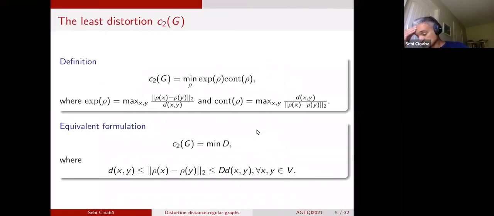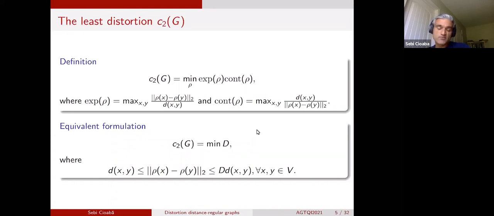Now, again, the definition of the least distortion is this minimum over all rho of the expansion times the contraction. But you have an equivalent formulation, which is sometimes used, and I'll use it here to lead you to another formulation for c2(G).